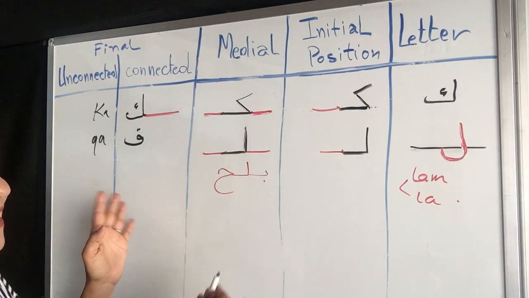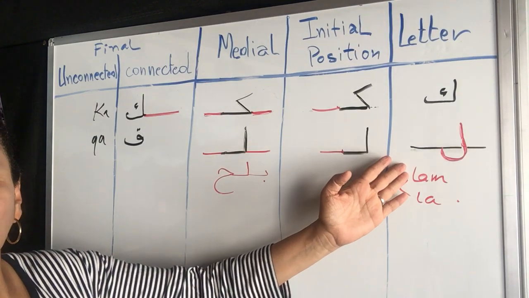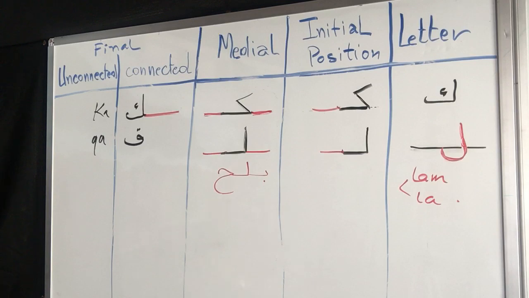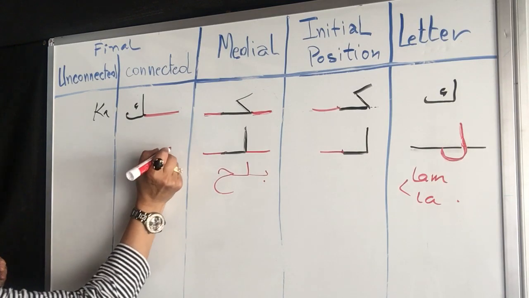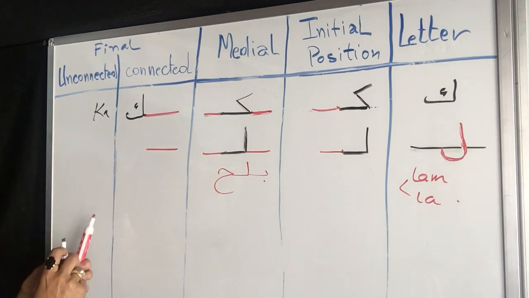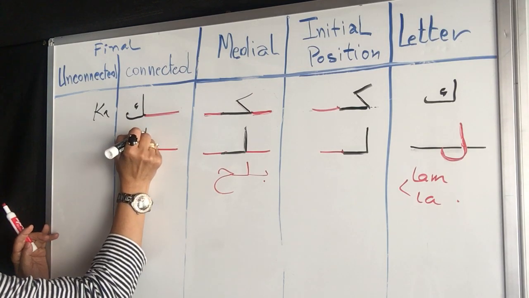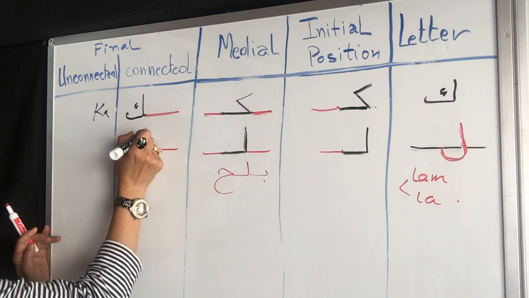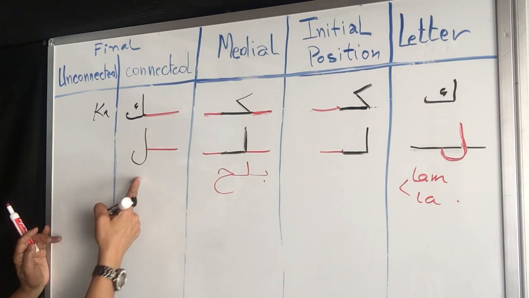Lam at the end, it's going to take back the isolated form. So let me erase this from here. So I have harf here and I have lam at the end. So it goes back below the line and comes back to the line.